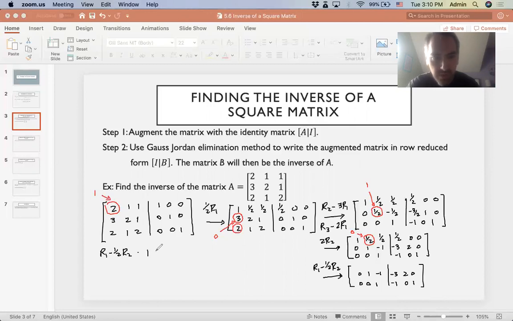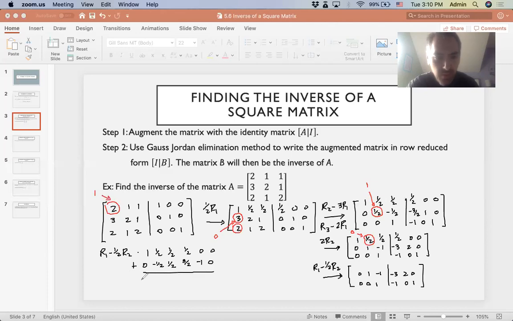So row 1 minus 1/2 times R2. So 0, -1/2 plus 1/2, +3/2, -1 and 0.